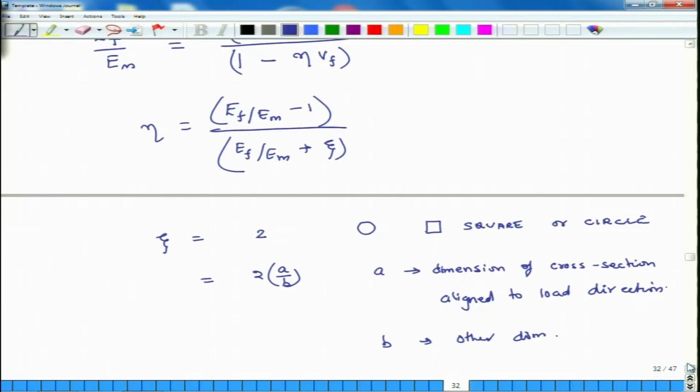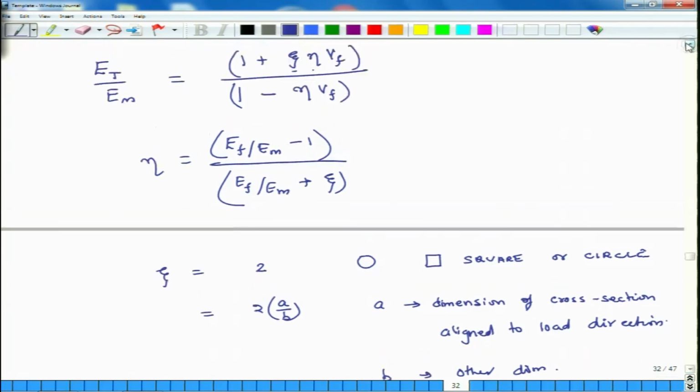So, this is how you compute the transverse modulus, and this particular relation, the Halpin-Tsai relation, provides fairly good results, in the sense that they are fairly consistent with a lot of experimental data.